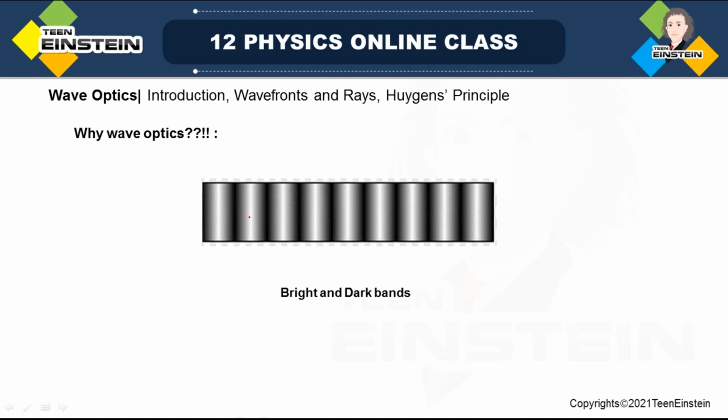So it is really surprising that when two coherent light waves superpose or combine, they create this alternating pattern of bright and dark bands. This is called interference of light.